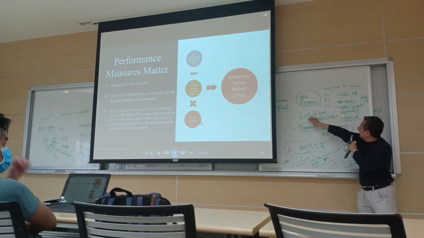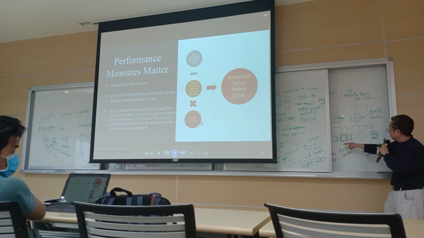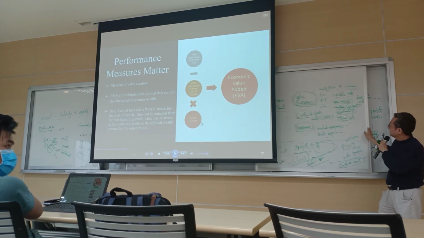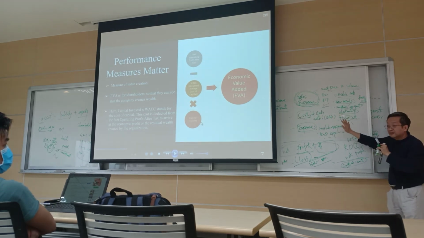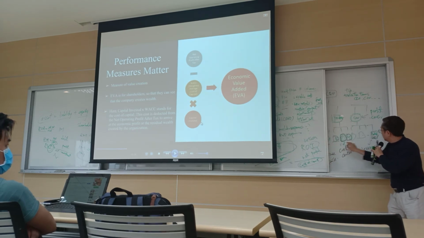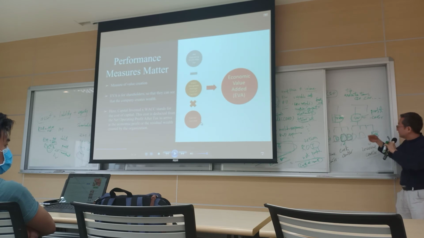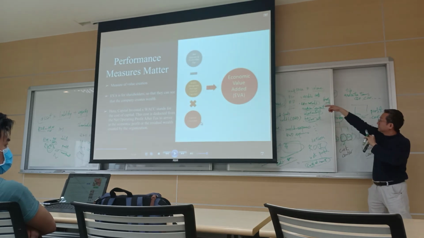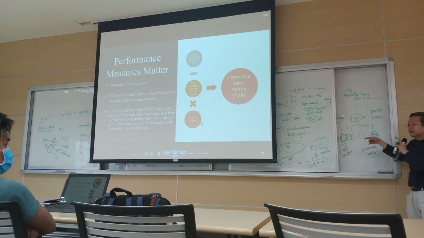The cost center, production, is in charge of controlling the cost, spending the money wisely. Expenses are the same: marketing and R&D need to do a very good job so we can increase the sales volume without spending too much. That's the concept.